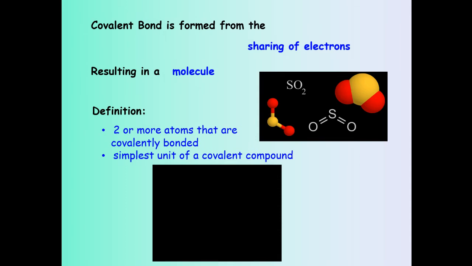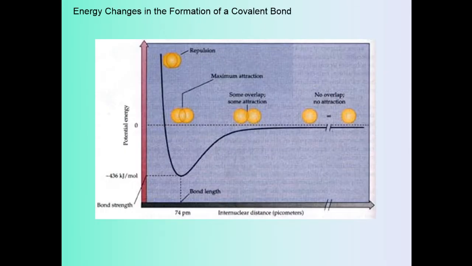Okay, so let's take a look at this potential energy diagram that we have here. Along the x-axis, you have the nuclear distance between two bonding atoms, and along the y-axis, you have the potential energy. Now, we're going to start here at this end of the potential energy diagram where we have individual atoms.